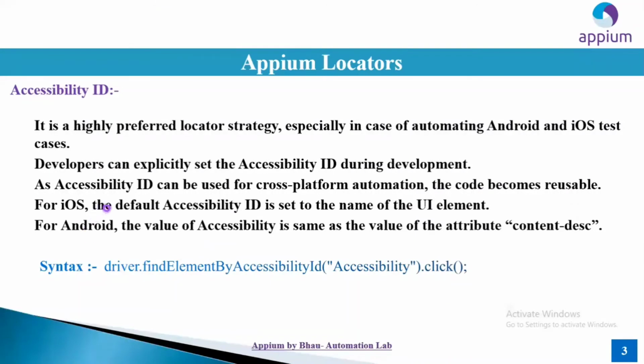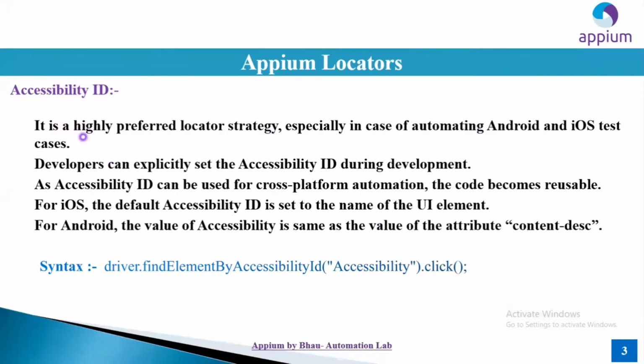For iOS, the default accessibility ID is set to the name of the UI element, and for Android, the value of accessibility ID is the same as the value of the attribute defined in content desc. Just try to remember: for iOS it's defined in the UI element name, and for Android it's defined in content desc. The value defined in content desc is the same as the accessibility ID.